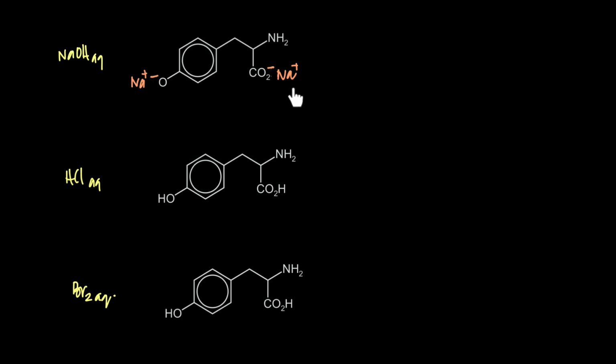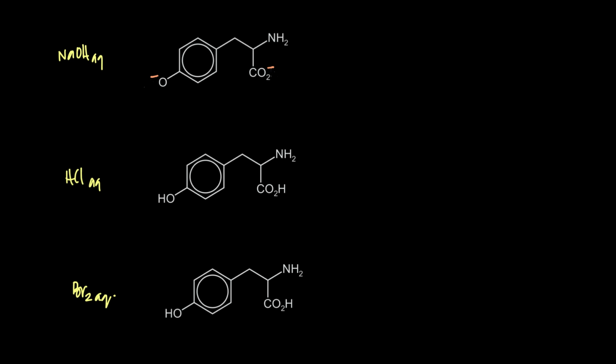But I want to insist on putting the charges, though I do not care about sodium. I like my ions, so I'll just make it COO minus. Even if you put Na, you have to show the charges.